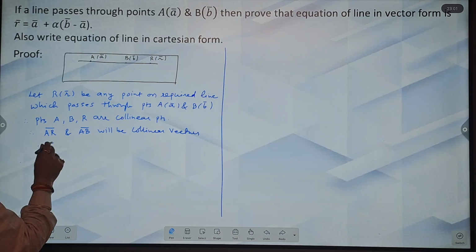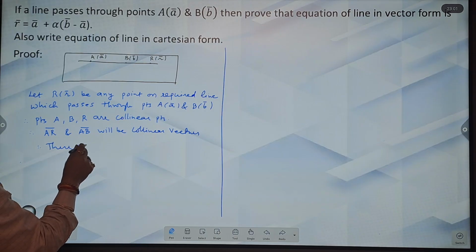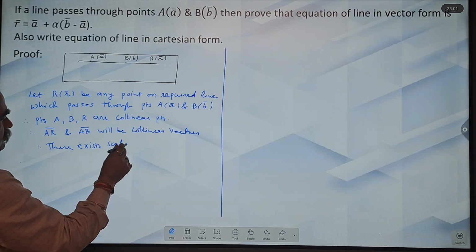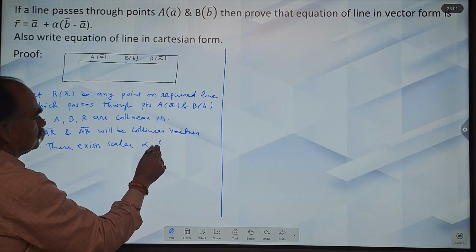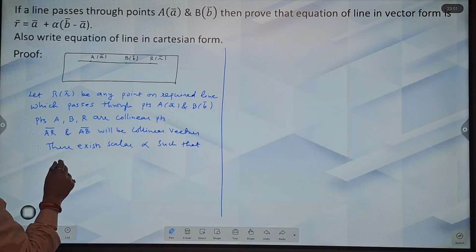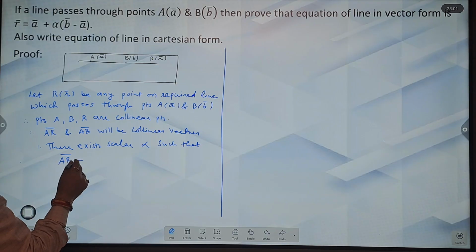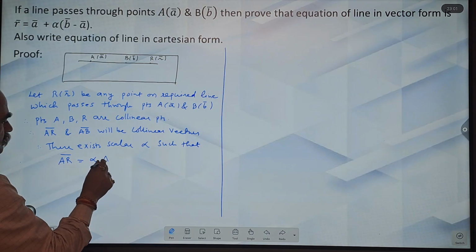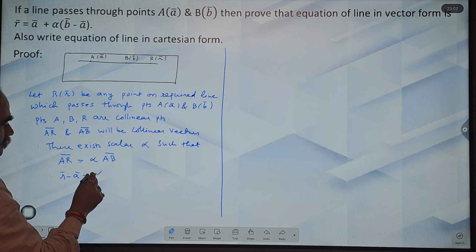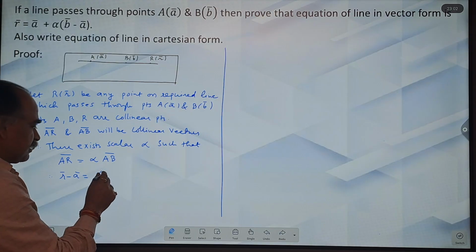Therefore, there exists a scalar alpha such that AR bar is what? Alpha times AB bar. So R bar minus A bar is what? Alpha times B bar minus A bar.